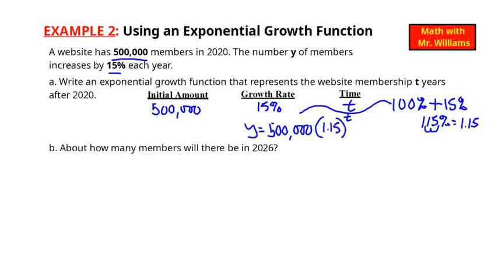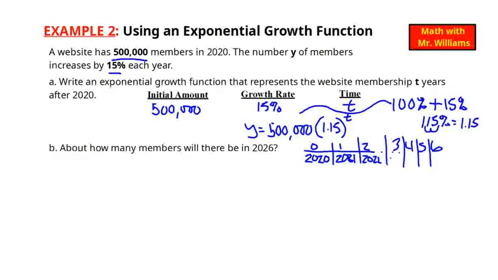All right, next question. About how many members will there be in 2026? Well, first let's figure out the time, the t. So we know our initial value would be 0, and that would be represented by 2020. So 1 would be 2021, 2 would be 2022, and we have 3, 4, 5, and 6.